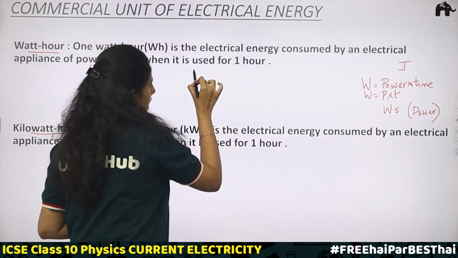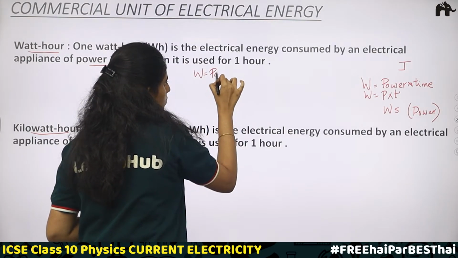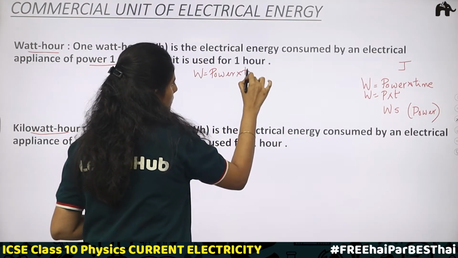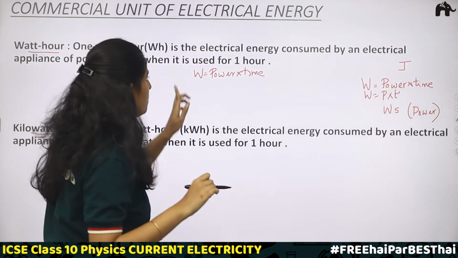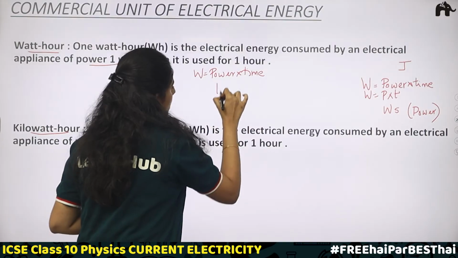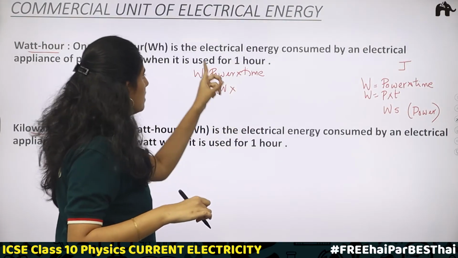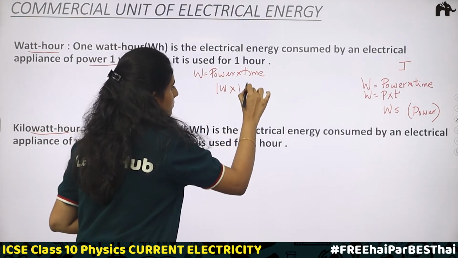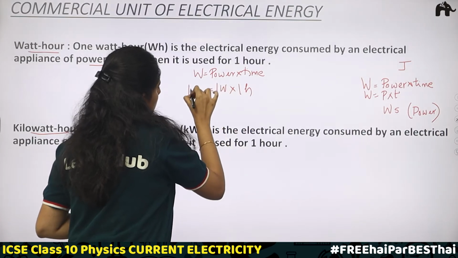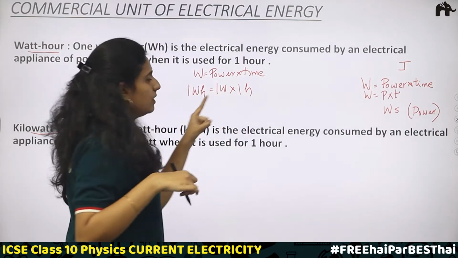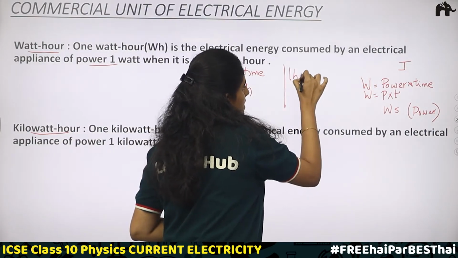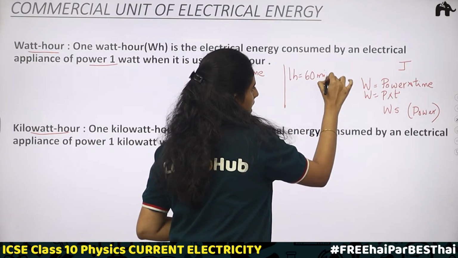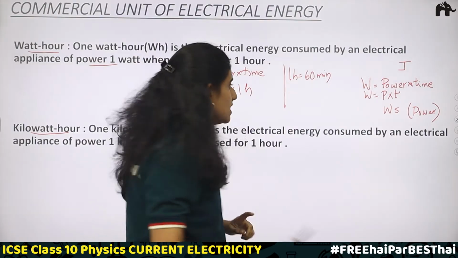We know that electrical energy is equal to power into time. Here the power is 1 watt and the time is 1 hour. 1 watt hour will be 1 watt into 1 hour. What is 1 hour? 1 hour is equal to 60 minutes and we know 1 minute is 60 seconds.